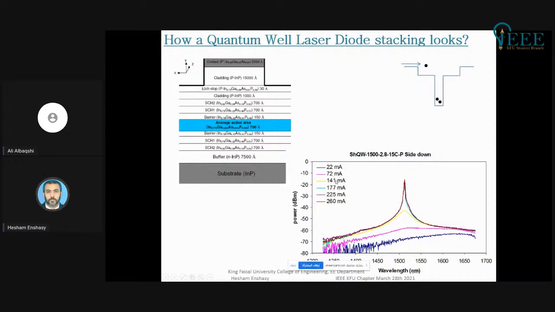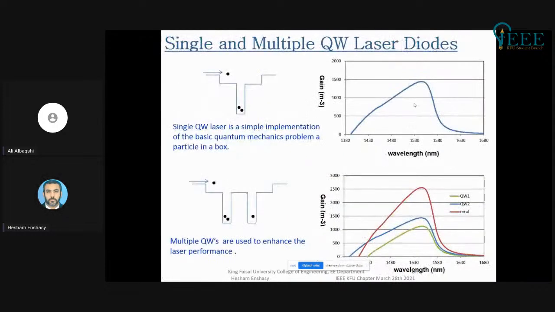Then at 141 milliamp, you see lasing here, and this is the lasing peak at the higher gain media. As you increase the current, the laser will start to show a clear distinction of single wavelength lasing at this wavelength here. So this is when you use one quantum well.